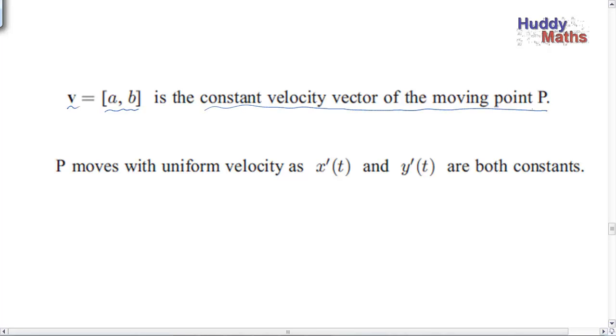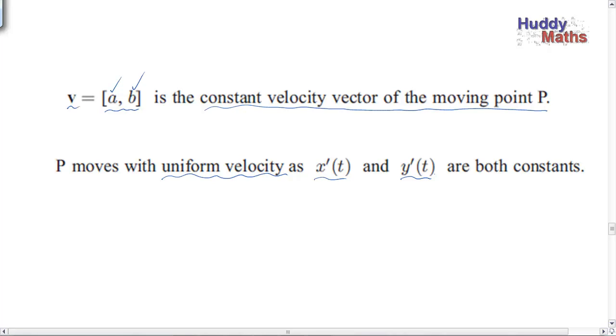That's why it's moving in a straight line. Both of them had fixed velocity vectors, so every time unit goes a in the x and b in the y. And so both of them were following straight lines, and they are therefore said to have uniform velocity, because both of those were constant vectors.